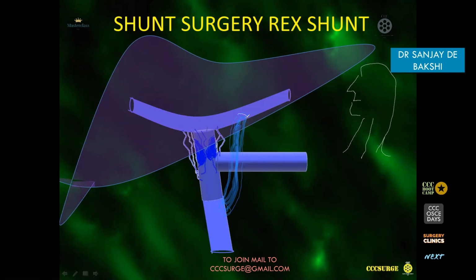Usually the left is used. That is the anastomosis in the recess where the falciform goes in. So you dissect out the left portal vein, and you do an anastomosis between the mesenteric and the left portal vein. That is called the Rex shunt. Remember the name? It's called the Rex shunt. That's the only other shunt that is used.